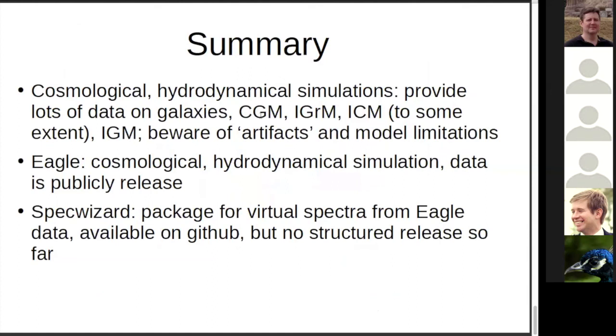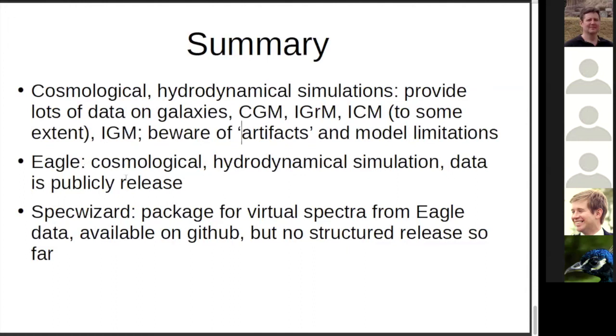If you're going to do some post-processing, though, it's good to be aware of some of the model limits, like the single-phase ISM and some possible artifacts, such as things that are fairly direct parameters of your feedback model.